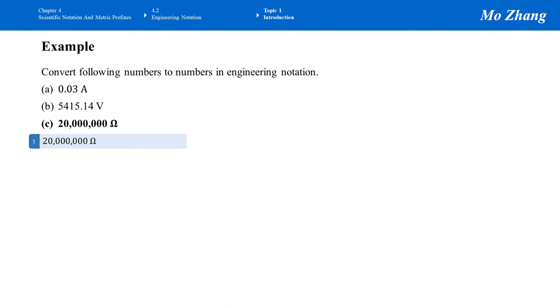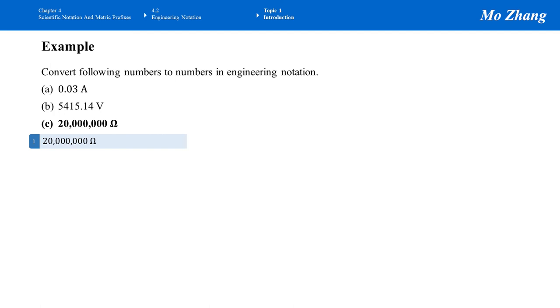Here is another example, 20 million ohm. We want to express this number in equivalent engineering notation. First, let's copy down this number. This number, 20 million, obviously is greater than 1,000, and is outside the range. We need to shrink this number. The number of times that we need to move the decimal point depends on the exponent.